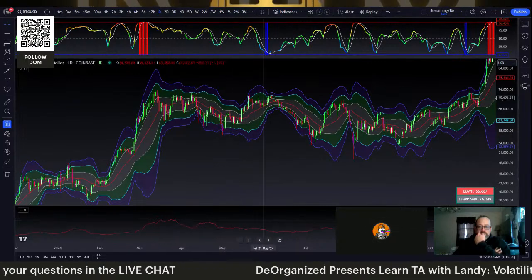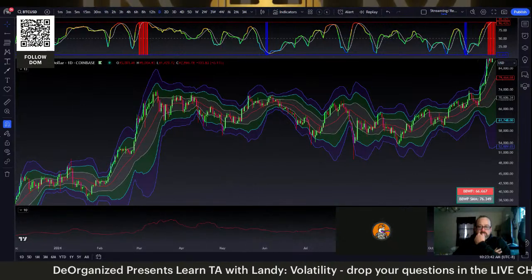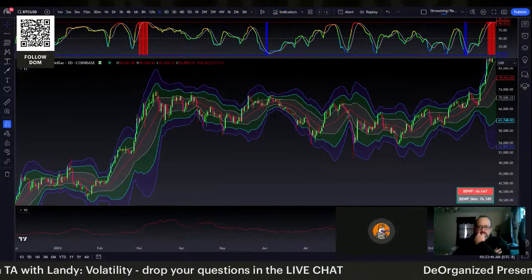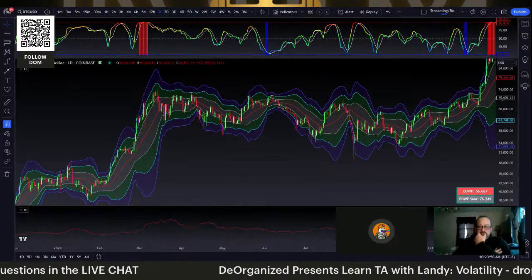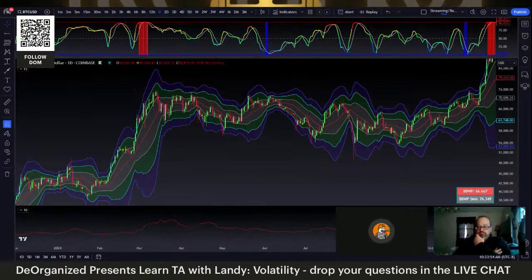The actual average true range, for those that want to know, is basically your current high to current low, and then the absolute value between the two kind of gives you the average of those candles over a set period of time.